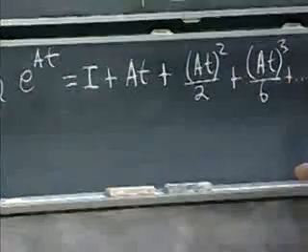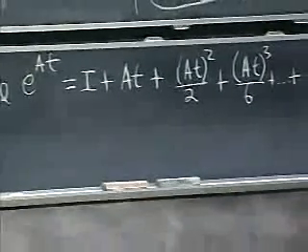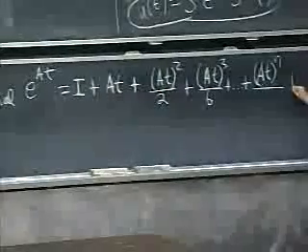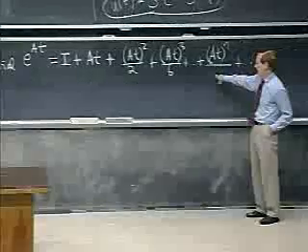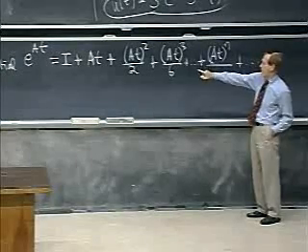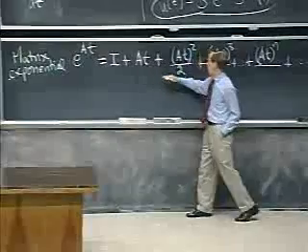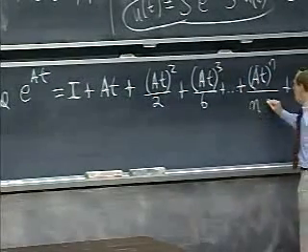And what's the general term in here? At to the nth power divided by, and it goes on. But what do I divide by? So you see the pattern. Here I divided by 1, by 1, by 2, by 6. Those are the factorials. It's n factorial.